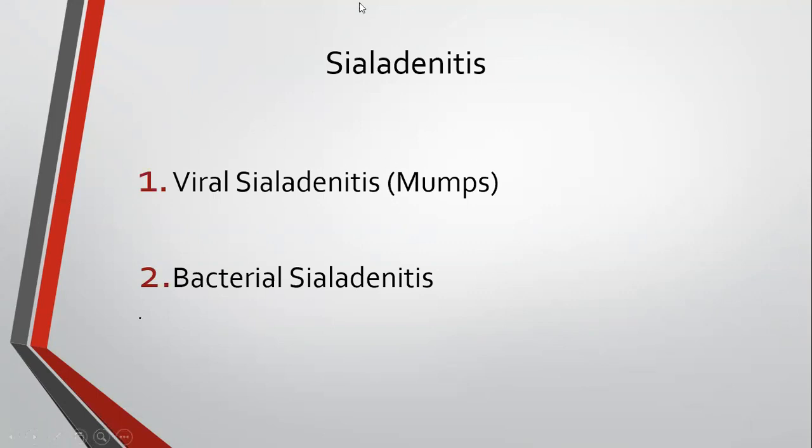So what is sialadenitis and how is it presented? It could be either viral sialadenitis or bacterial sialadenitis. Viral sialadenitis is known as mumps as well, because it is due to a viral infection.